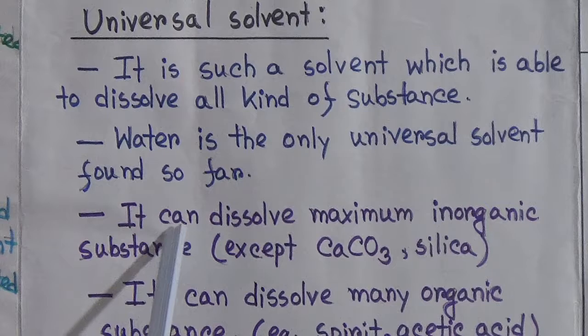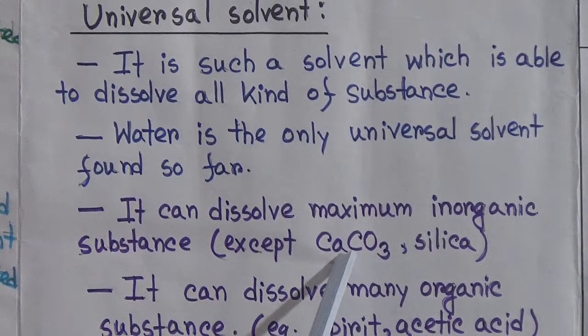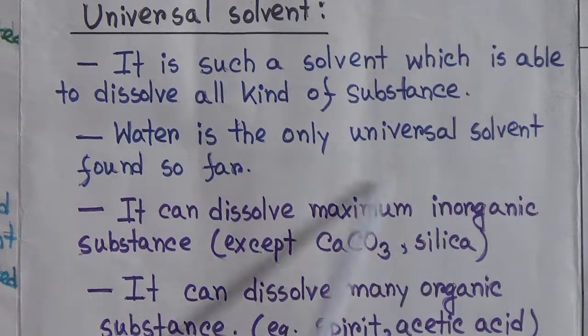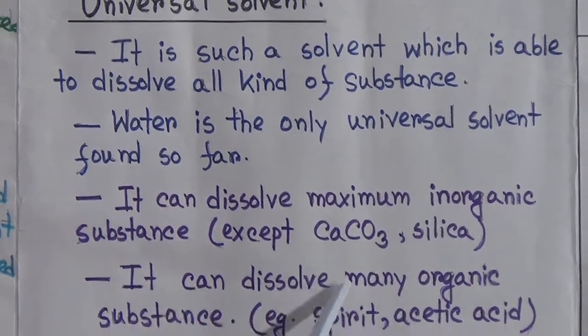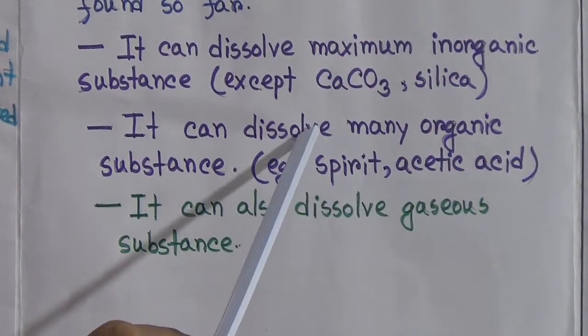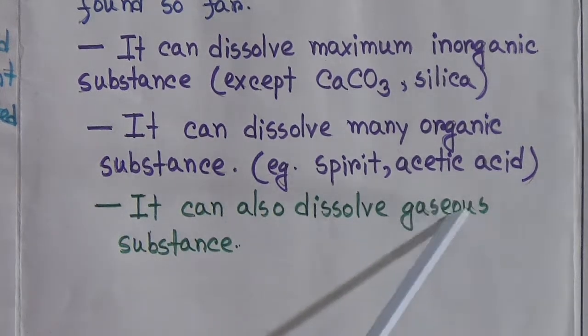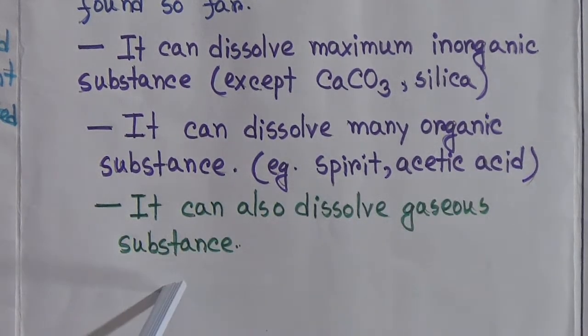In water, most inorganic substances except calcium carbonate and silica will dissolve, and most organic substances like spirit and acetic acid will also dissolve in water. It can also dissolve gaseous substances.